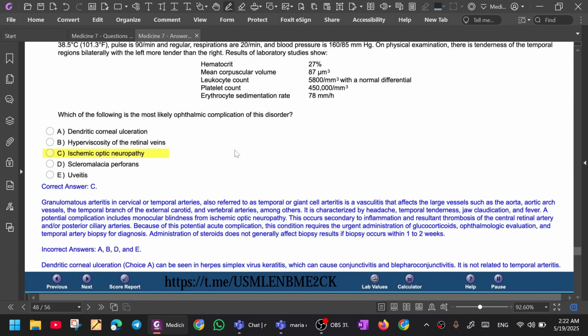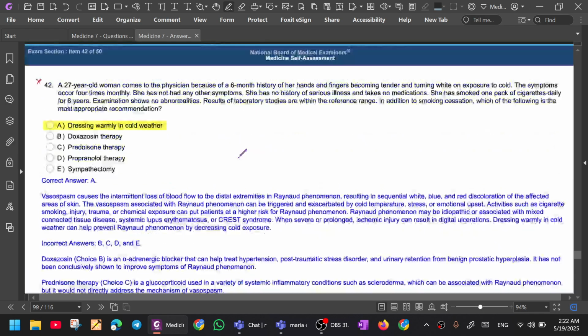Vasospasm causes intermittent loss of blood flow to the distal extremities in Raynaud's phenomenon, resulting in sequential white, blue, and red discoloration of the affected areas of the skin. The vasospasm can be triggered and exacerbated by cold temperature, stress, or emotional upset.